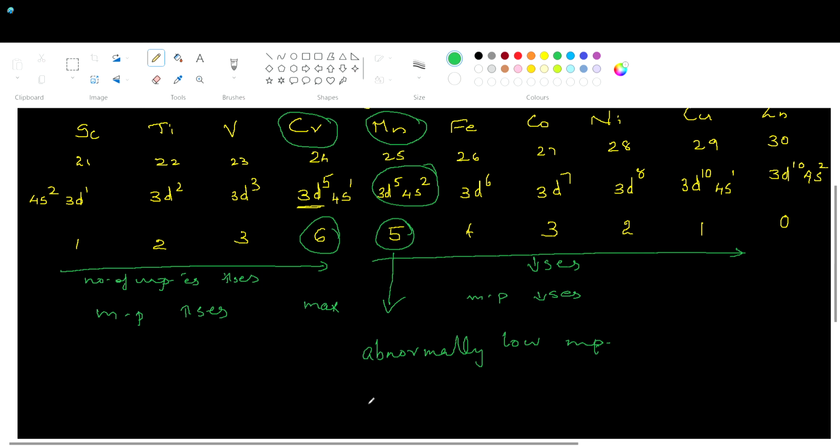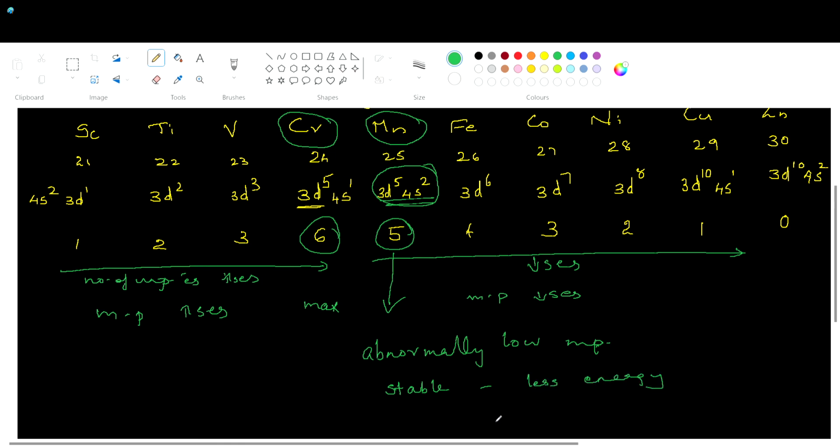This different behavior of manganese is explained by its 3d5 4s2 configuration. 3d5 means a half-filled d orbital, highly stable. 4s2 means the 4s atomic orbital is completely filled, so the 4s orbital is also highly stable. Because of this stable electronic configuration in 3d and 4s, these electrons have less energy.